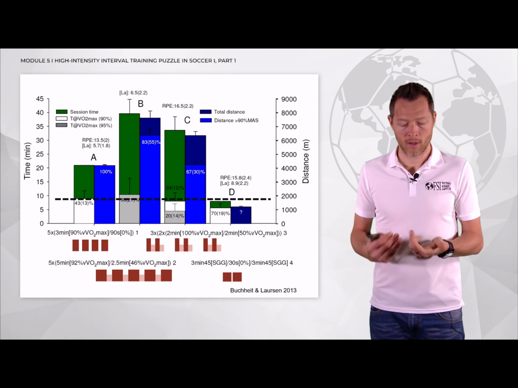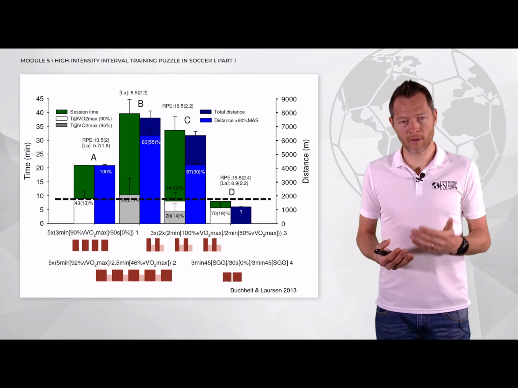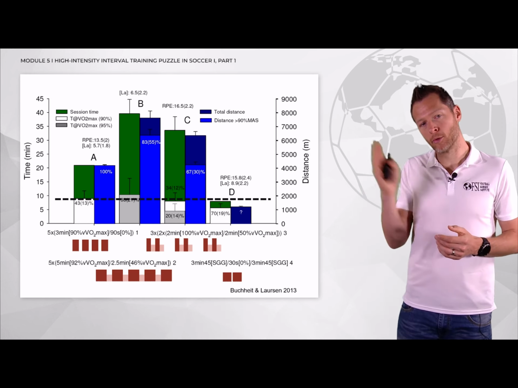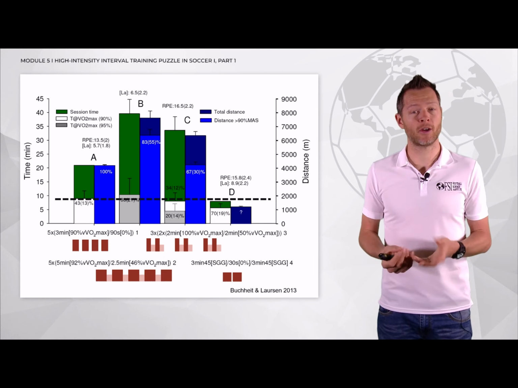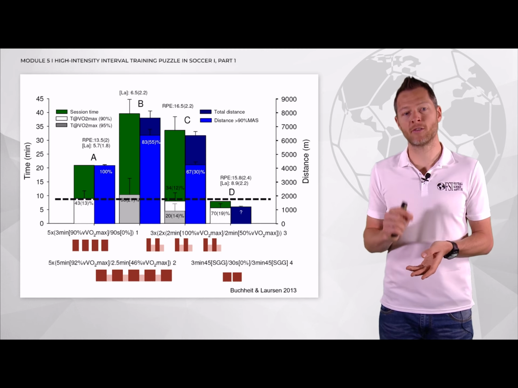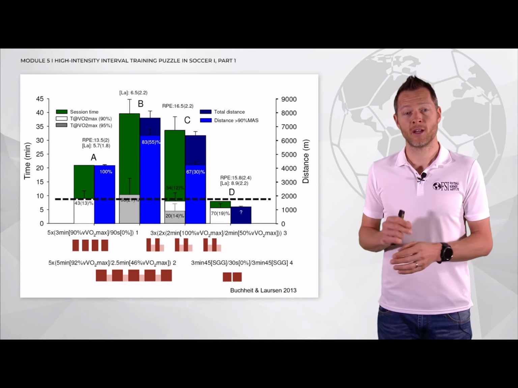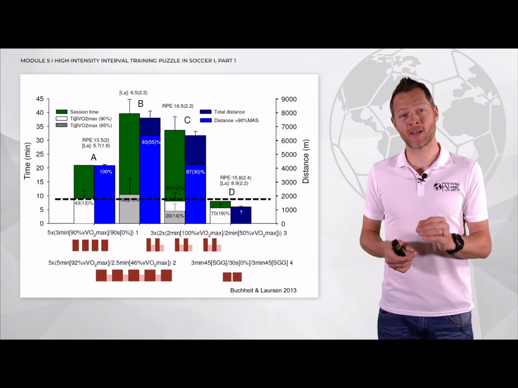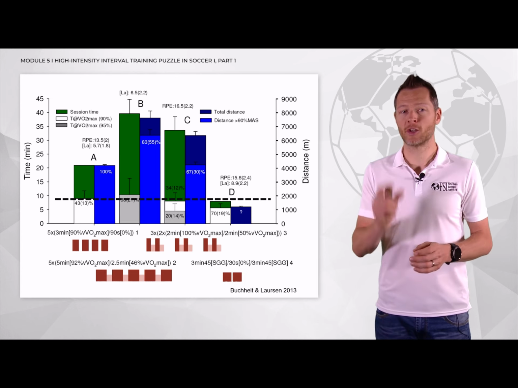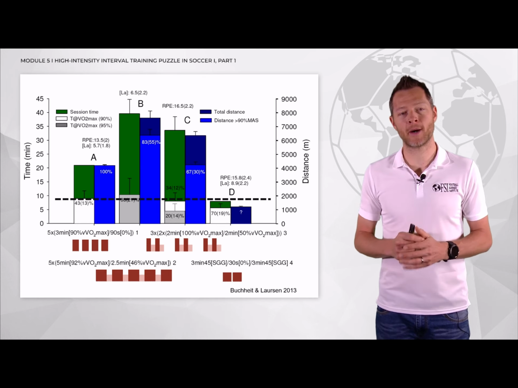But further than that, in those examples, if you look at the blue columns, the blue column shows the total distance that is covered during those different sessions. And if you look at those sessions with long intervals, players will have to cover for some of them about 7 to even 8 kilometers just for the conditioning part.